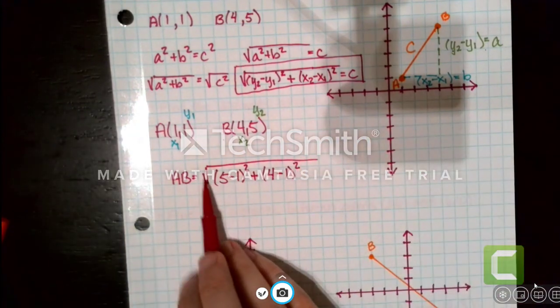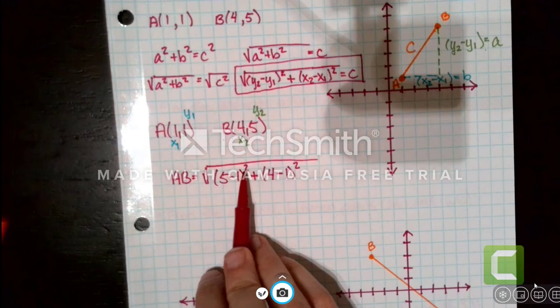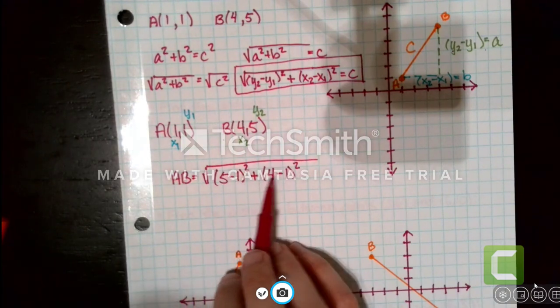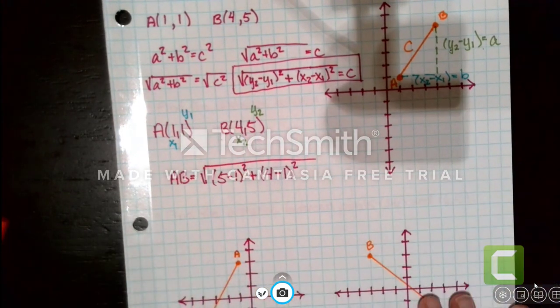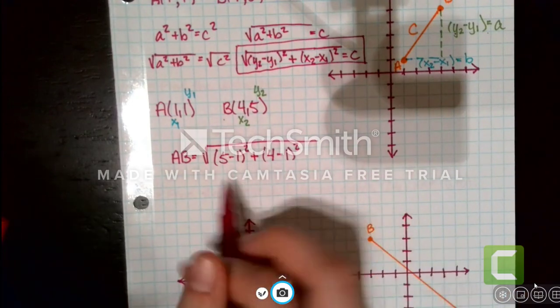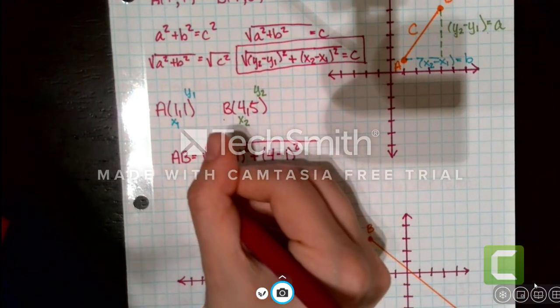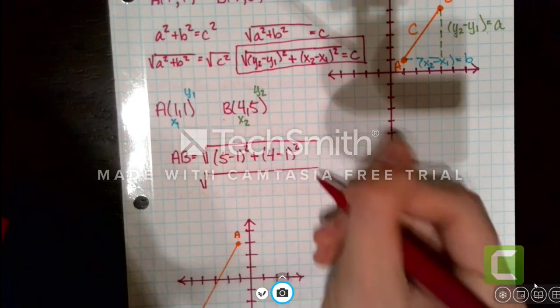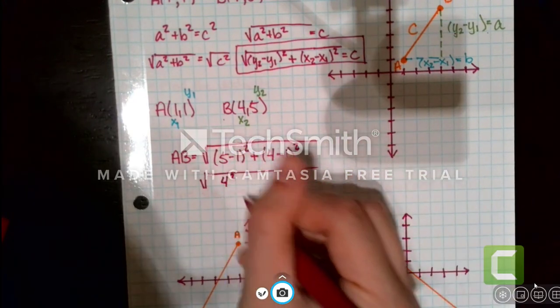Before we can move on to using the square root and squaring our values, we have to solve what's in between our parentheses first. So 5 minus 1 gets us 4. Rewrite the equation below and plug in 4 squared.